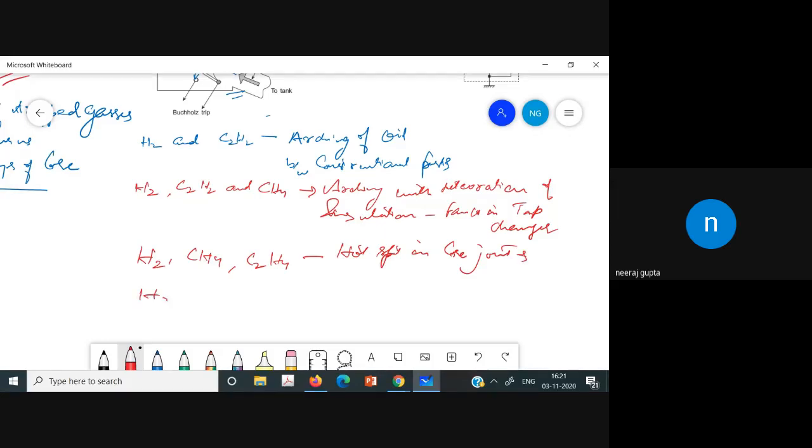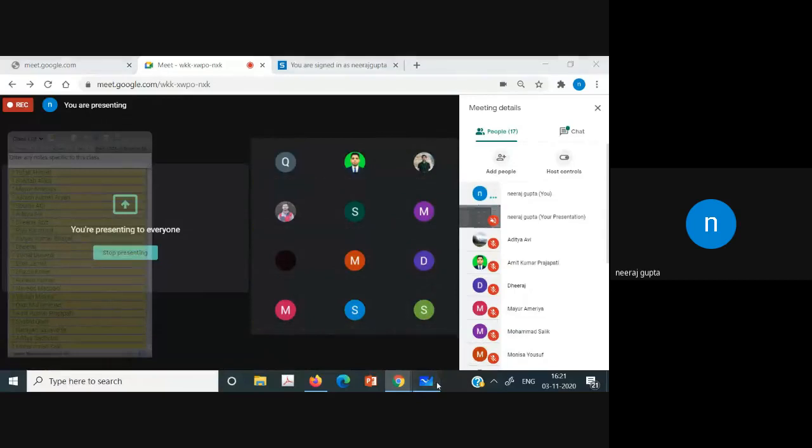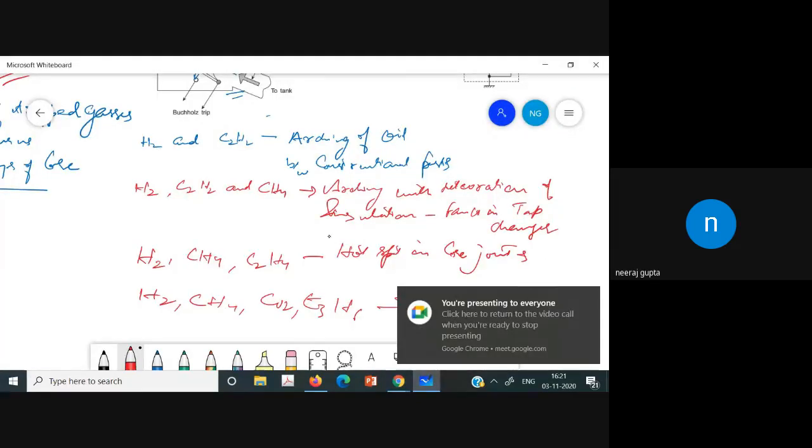And if the gases are of yet another type, then it is a hot spot in the winding. So what we do is analyze these gases and see what type of fault is there in the system.